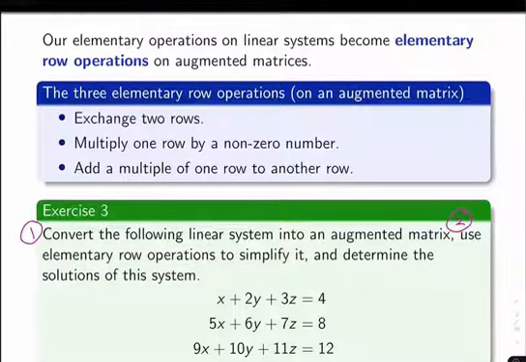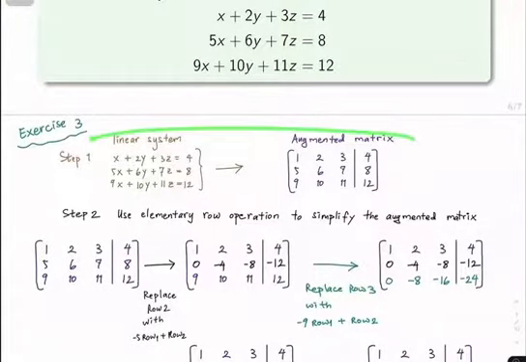And then I will determine the solutions of the system using the augmented matrix shorthand. And I encourage you to follow along on your own paper and pause the video as necessary when you're doing your computation. So we've done this first step.